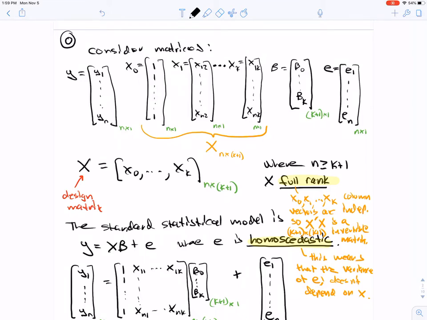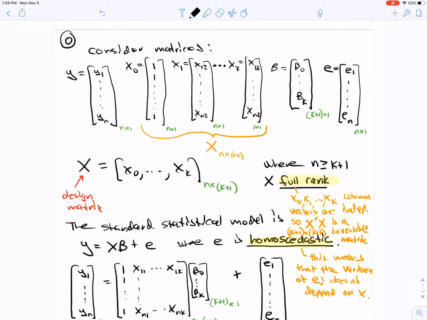So x1 is my first predictor data, I have n observations, and so on up to xk. From this data, I could make a scatter diagram, and our job is going to be to find the best fitting plane through that scatter diagram.